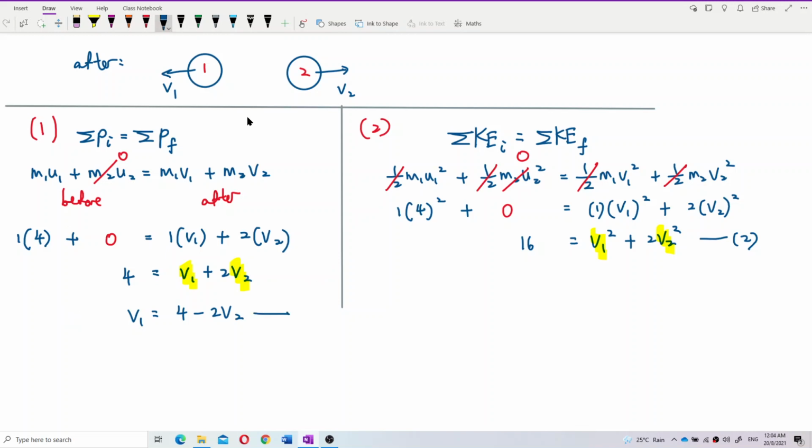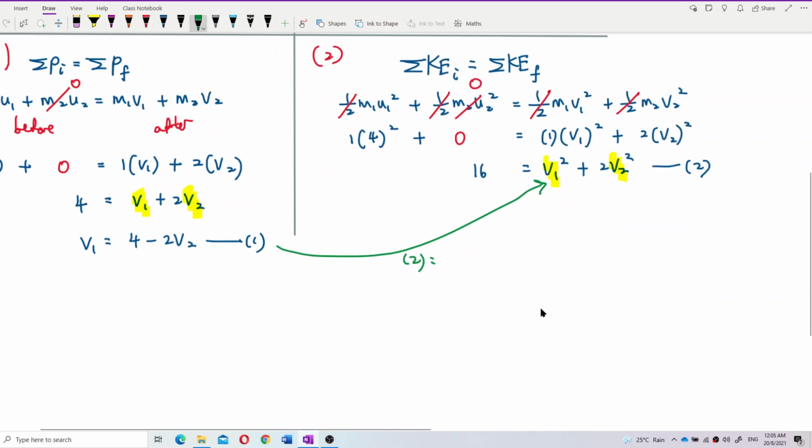Put this as equation 1, and substitute it into the v1 here. So look at equation 2.